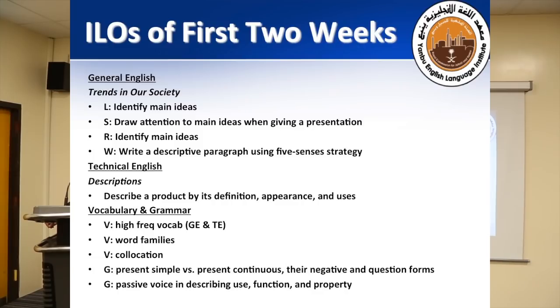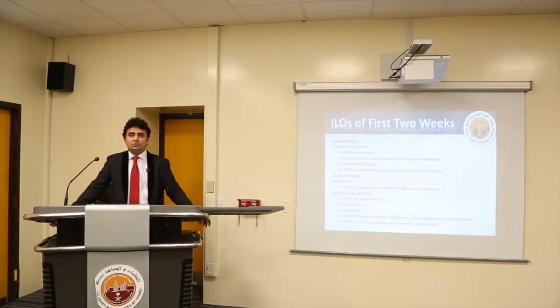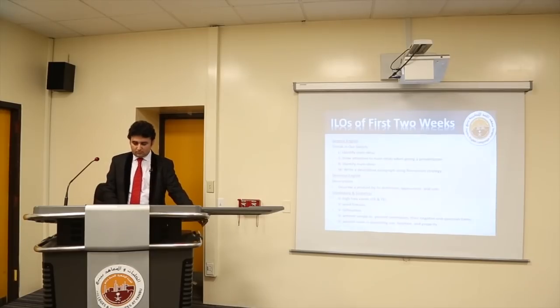In General English, we covered 4 skills: listening, speaking, reading, and writing. In Technical English, you describe a product by its definition, appearance, and use. And the last section is Vocabulary and Grammar, where you learn words and some grammatical structures. I'm going to explain all these ILOs one by one.